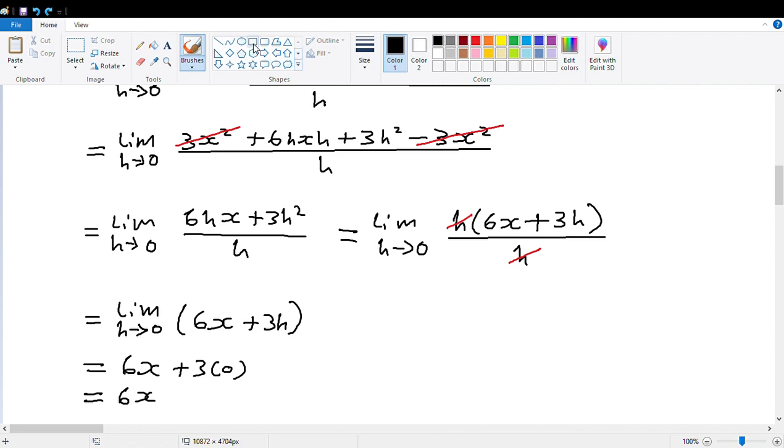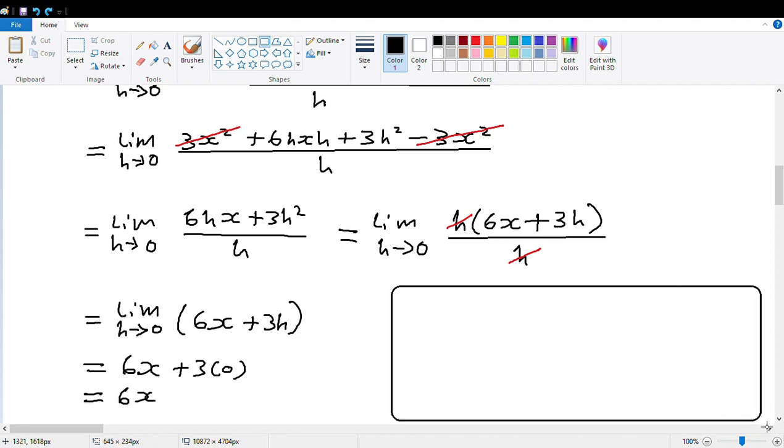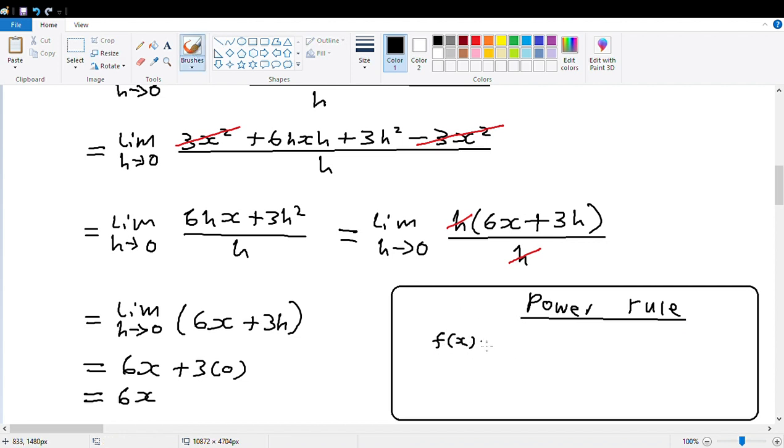Now to confirm this, you can use the power rule. For the power rule, if you have f of x is equal to x to the n, then f prime x is equal to n x to the power n minus 1.